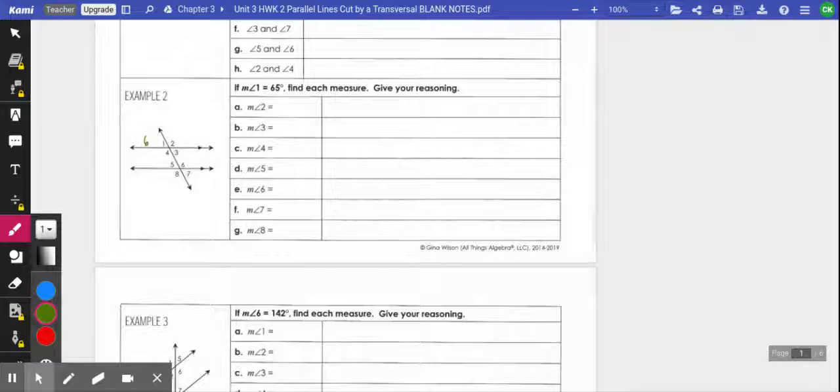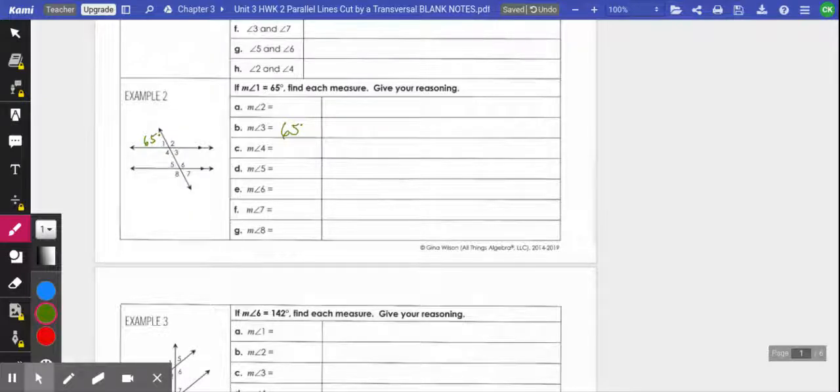So it says angle 1 is 65 degrees. Then it says find the rest, and it is very important to give your reasoning. Now, you don't necessarily need to start at letter A here and go right away. You can start wherever. So for example, let's say I started with letter B, angle 3. I can say angle 3 is 65 degrees.